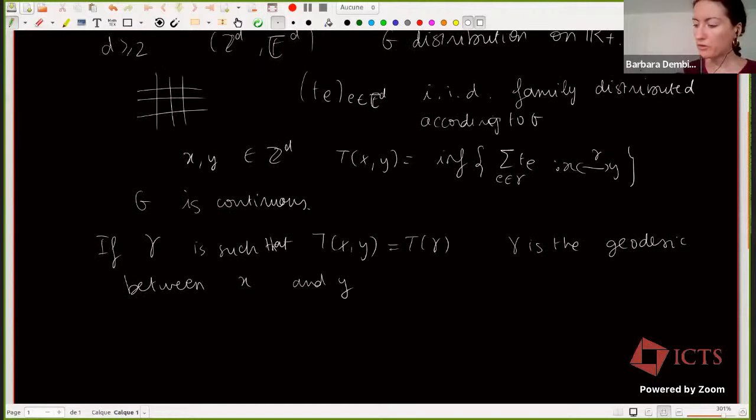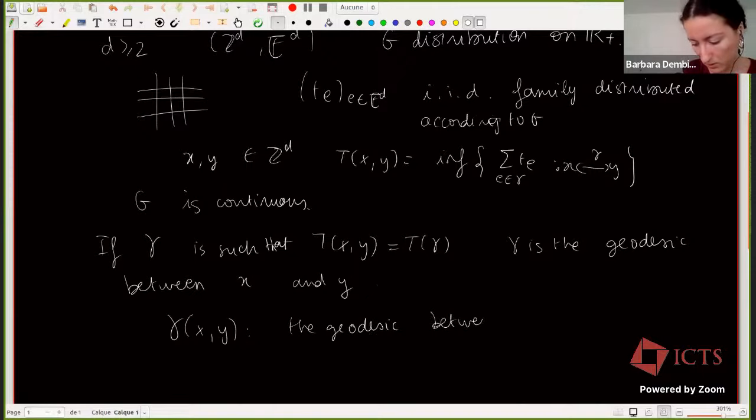And so we will often use the following notation: we will denote gamma_{x,y} to be the geodesic between x and y.